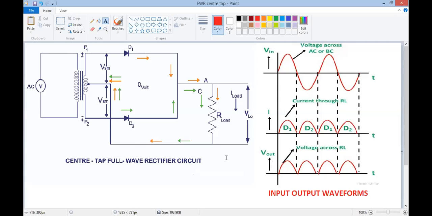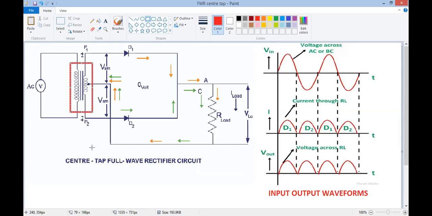Now, why is the name center tap rectifier given? This is the most important question. Because as you can see here, this is the transformer. We know the function of a transformer: it converts the AC signal into a lower voltage AC signal if we are using a step down transformer.